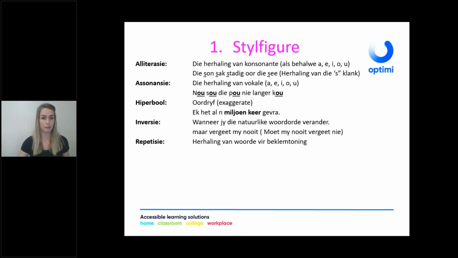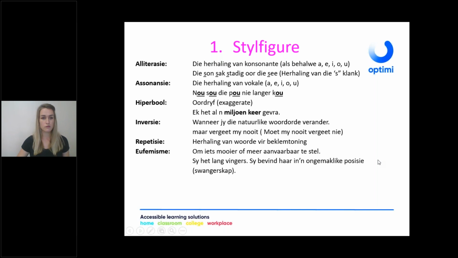Then repetitie. That is the repetition of words or stanzas or verses. The reason they use this is to emphasize something. Then a euphemism, that is something you use when you want to say something in a more acceptable, softer way.